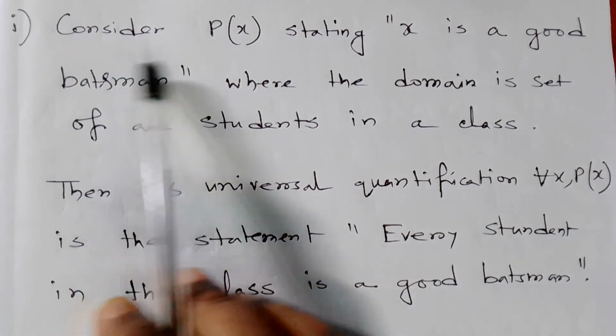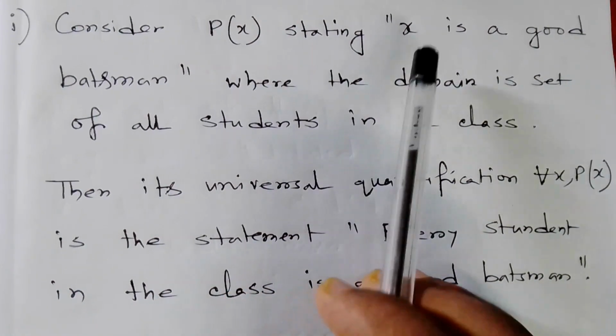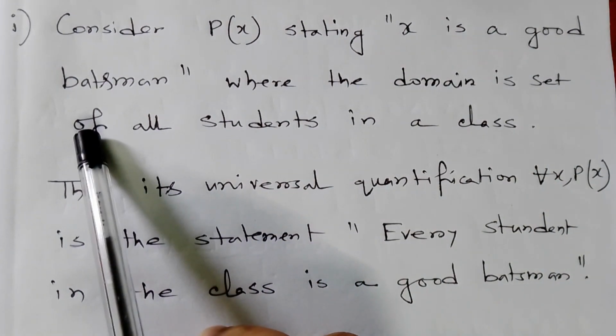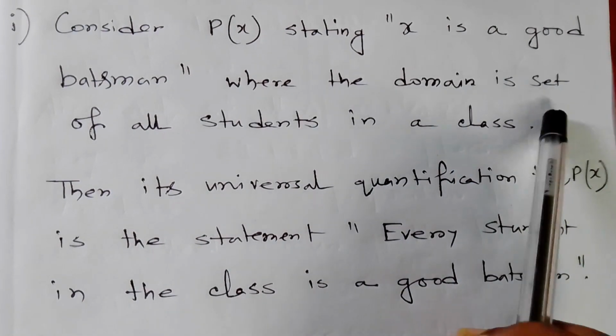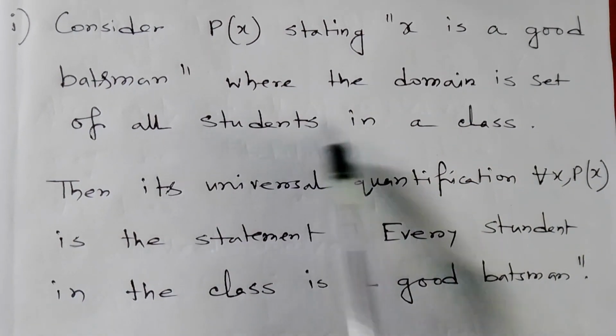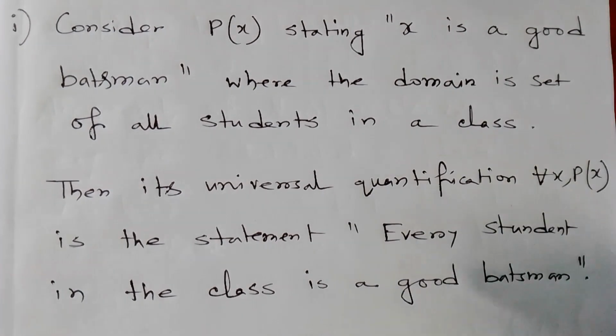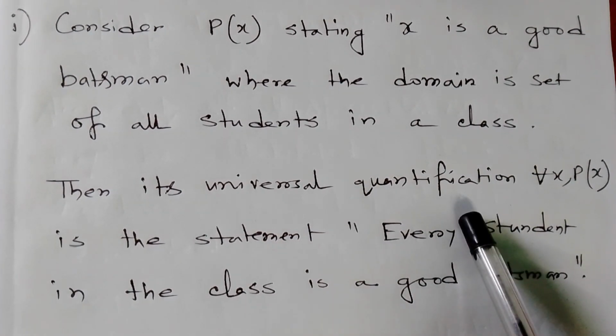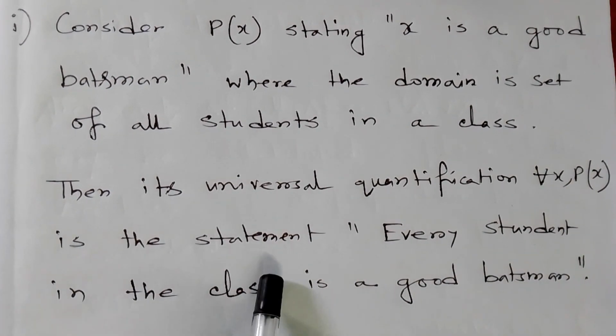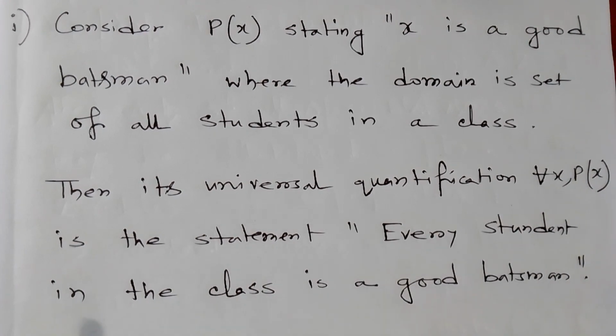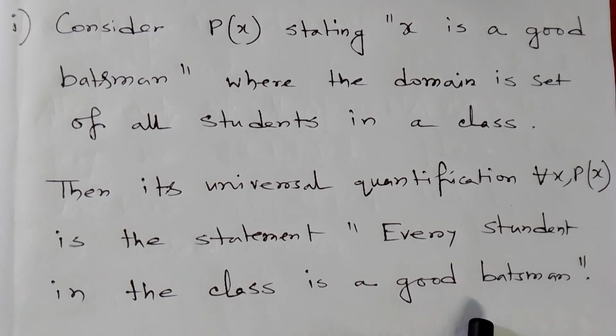Consider P(x) stating x is a good batsman, where the domain is the set of all students in a class. Then its universal quantification of P(x) is the statement every student in the class is a good batsman.